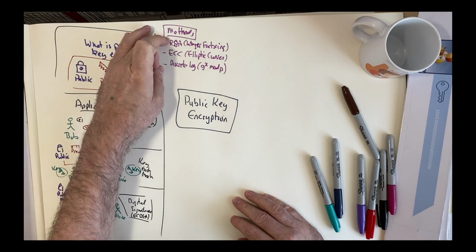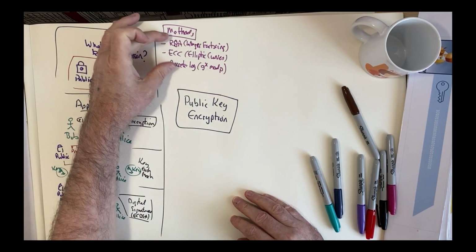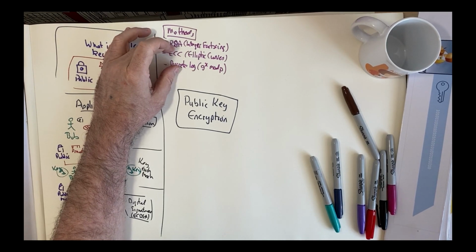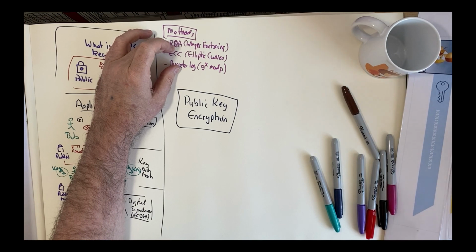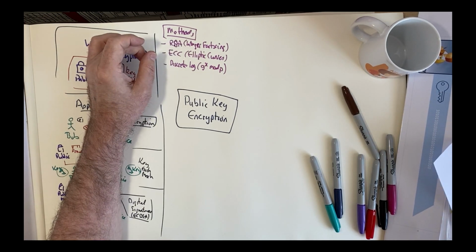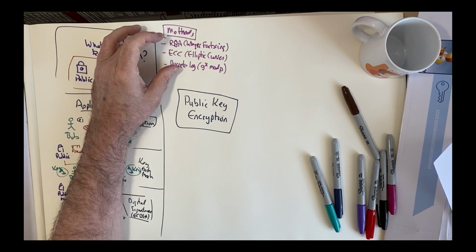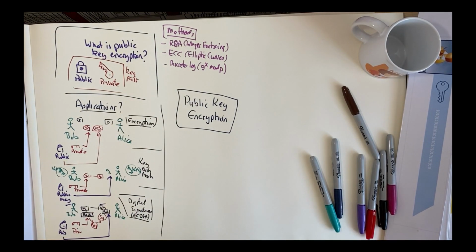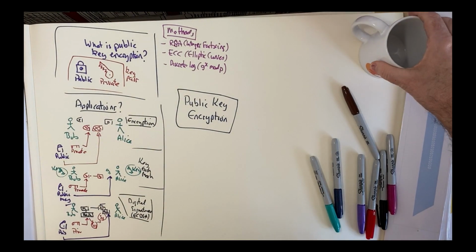These two methods have struggled to keep up with elliptic curve cryptography. Unfortunately, all three methods will be able to be cracked by quantum computers. So we need to move away from these methods in the future. Okay, so let's look at each one in turn.